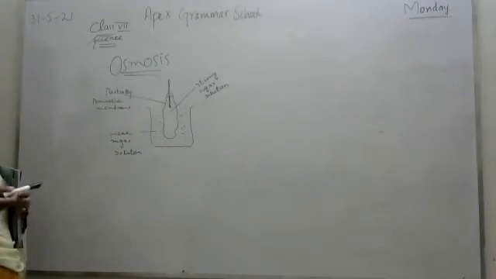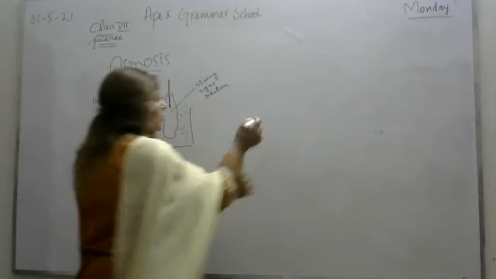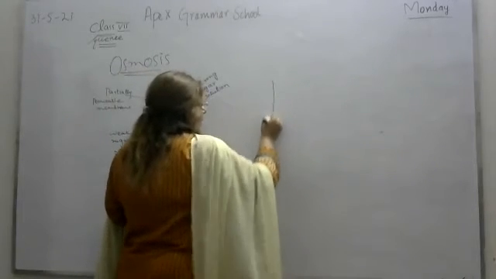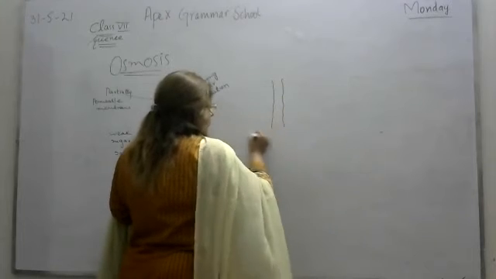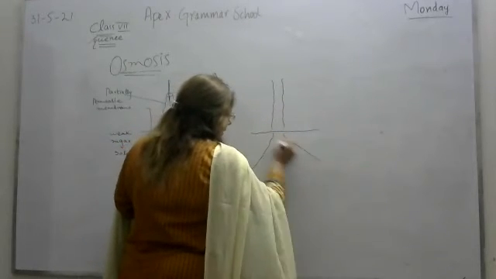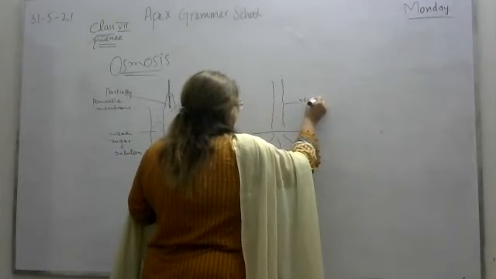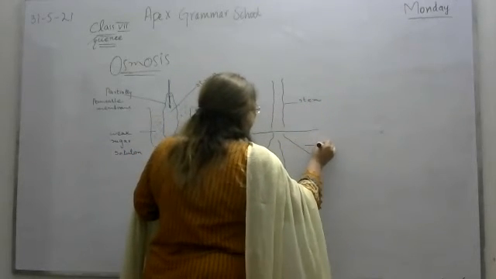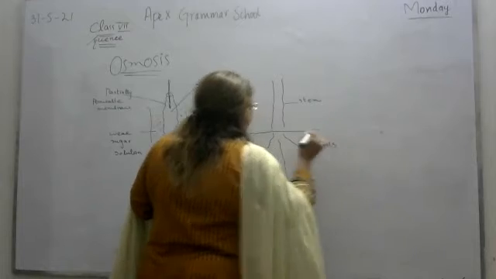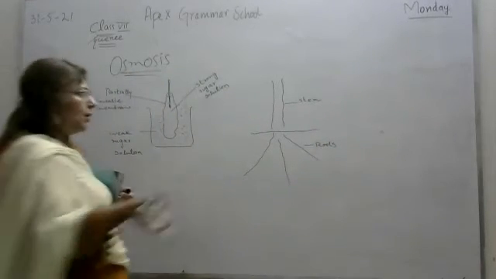So how does this process help us in the body of a plant? We all know that a plant has a stem above the ground, and it has roots inside the ground. So this is a stem, and these are roots. What is happening inside the body of the plant? I have told you where the high concentration of water is.